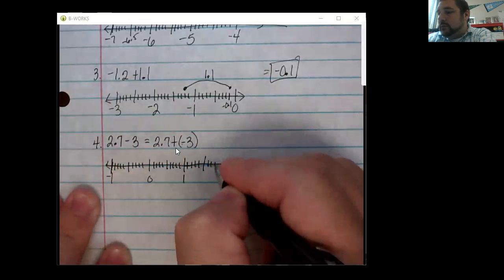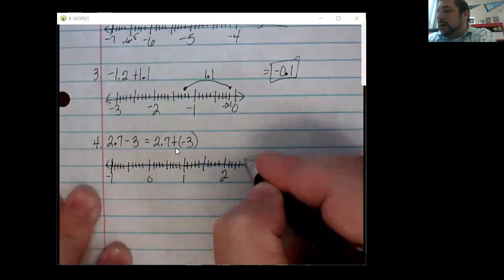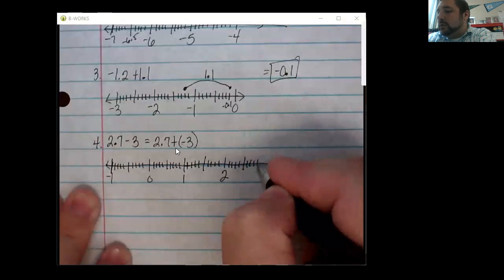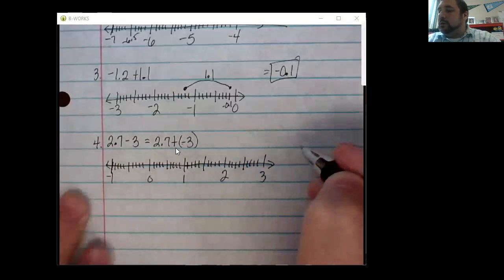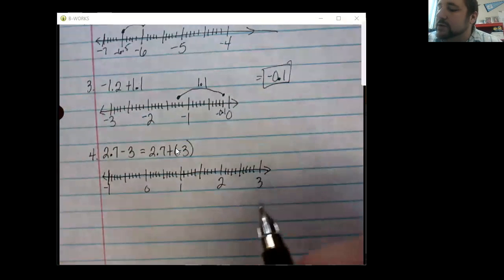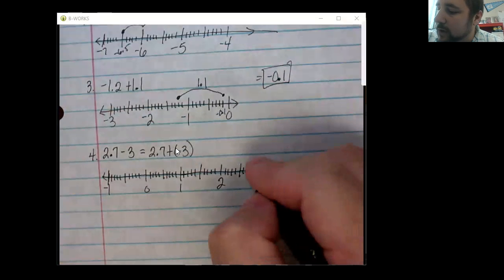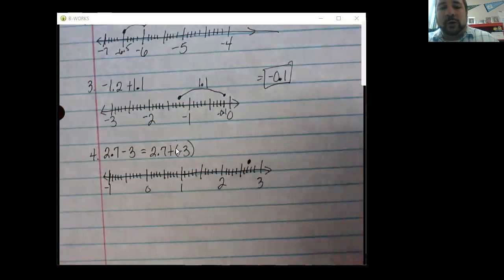This is 2. This is 3. So starting at 2.7, let's find 2.5 first. This is 2.5. So this is 2.6. This is 2.7. Remember, each line is 0.1.